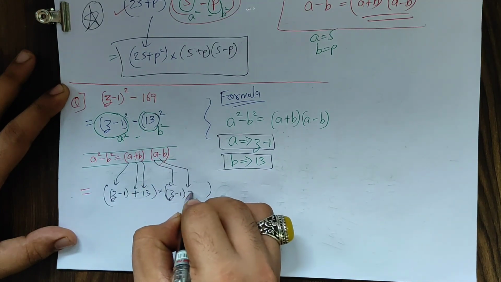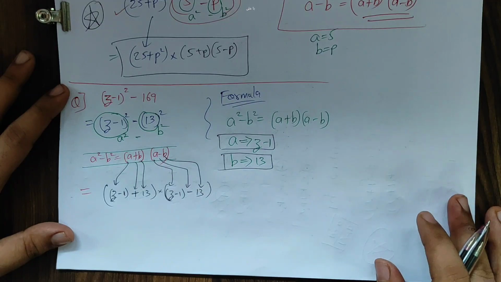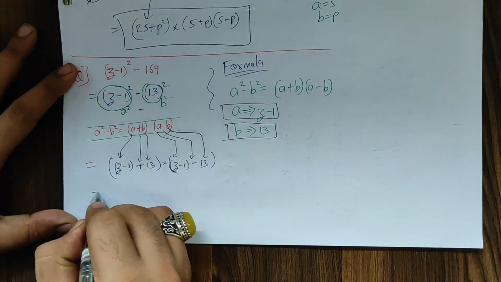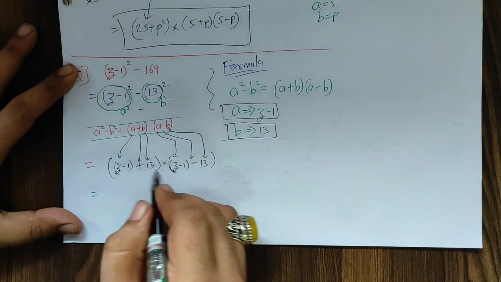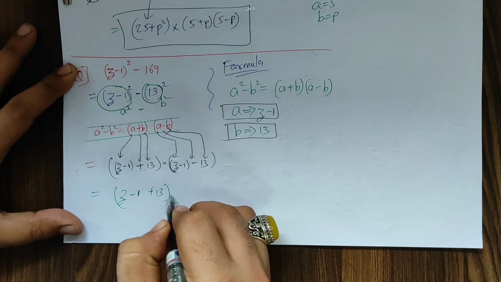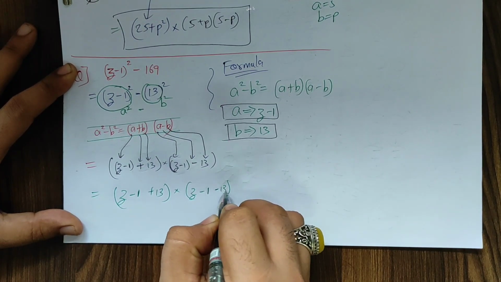In between I have the minus sign. Then b, which is 13. That's it, students. This is the answer. I can write it once again, removing the small inner brackets of z minus 1. So it's z minus 1 plus 13 multiplied by z minus 1 minus 13.